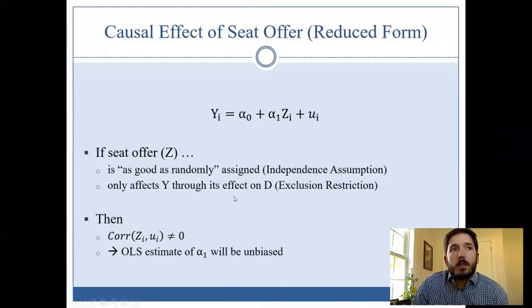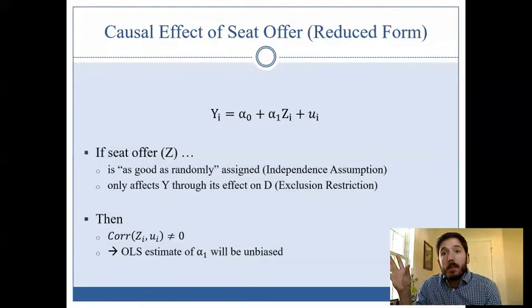So it's only going to affect the outcome through its effect on whether or not you attend. That's our exclusion restriction, right? There's nothing about winning this lottery that is going to make you better at math, unless it's coming from giving you that opportunity to actually go to the school, right? It's not something like you also get $1,000, right?